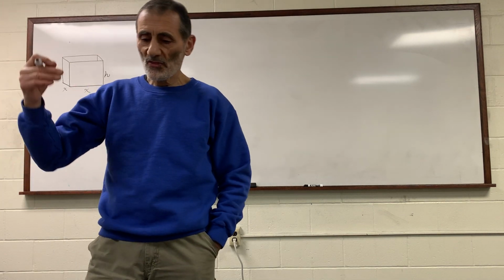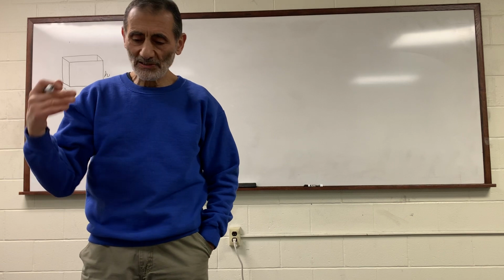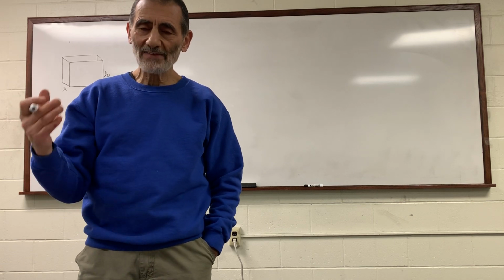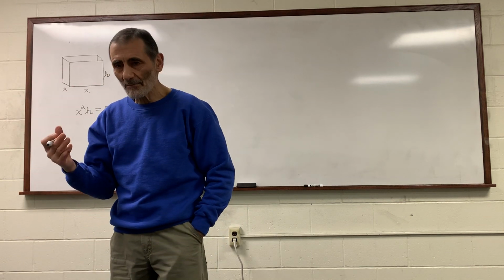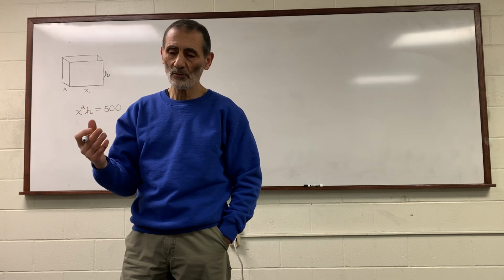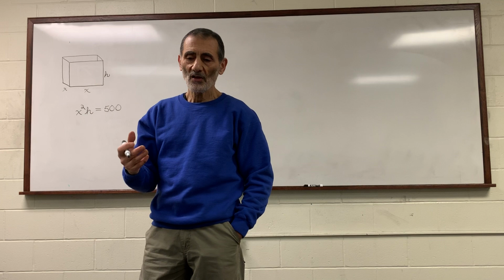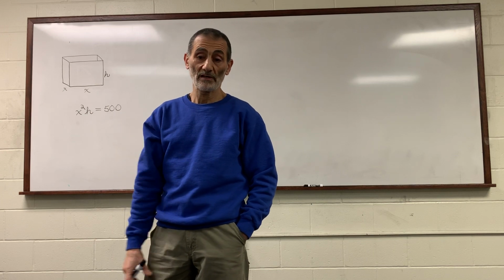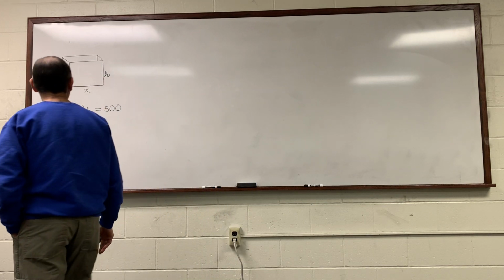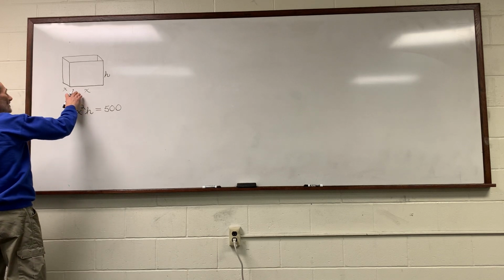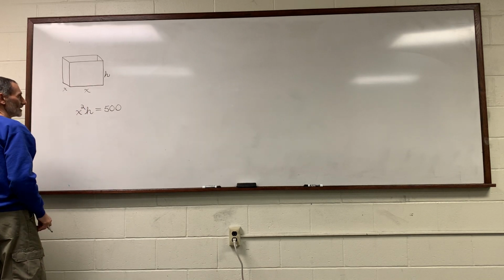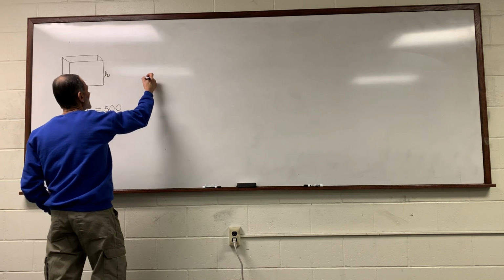Given this volume, our task is to find the dimensions that will minimize the amount of material. The amount of material is equivalent to the total surface area of the tank. There are 5 surfaces here, a bottom and 4 sides. The area of the bottom is x squared.